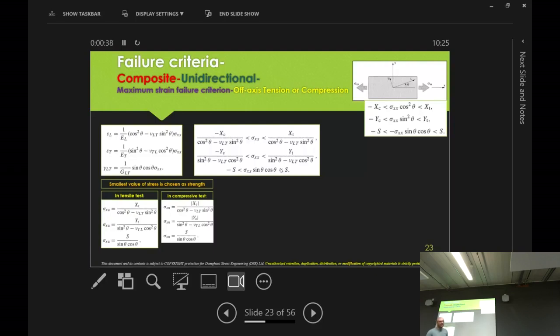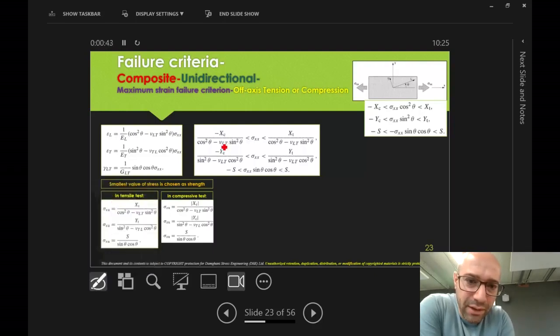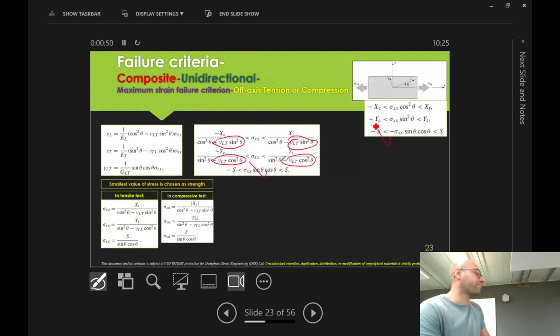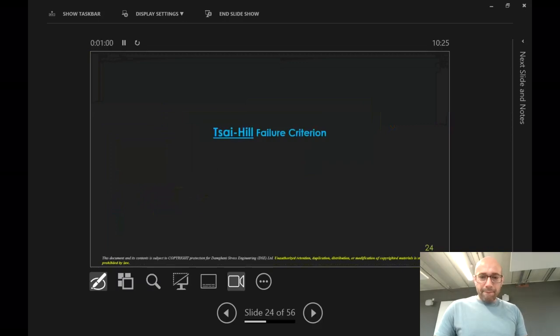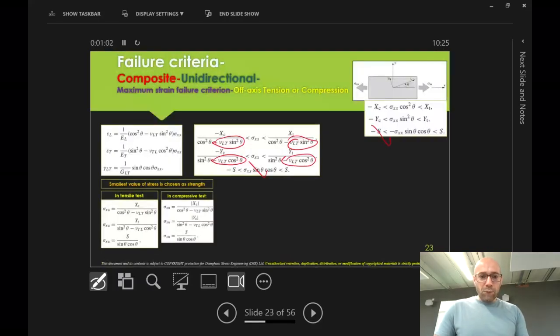So it's got these components as extra for the maximum strain failure criterion. Otherwise it's pretty much the same as that one, slightly different just because you're comparing strains instead of stresses. We've used this one for Piaggio, the Italian aircraft manufacturer. So that's the way they do it, but different manufacturers do it differently.